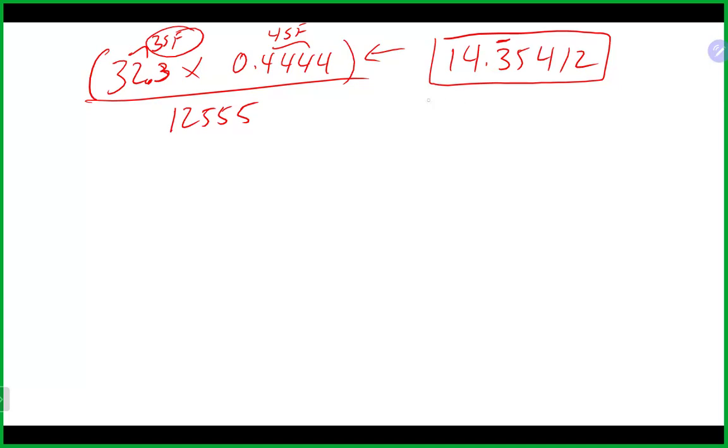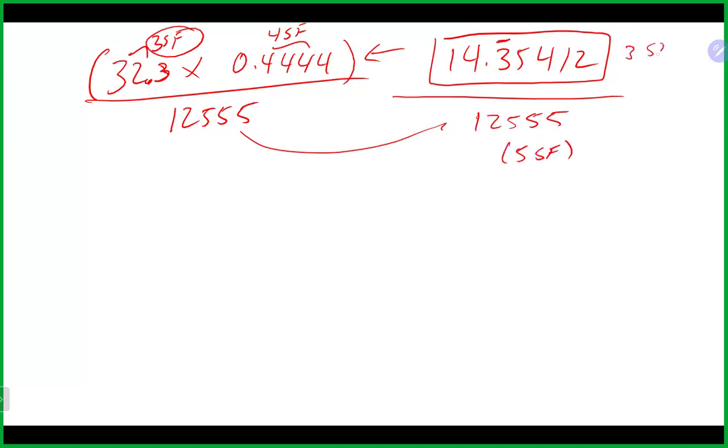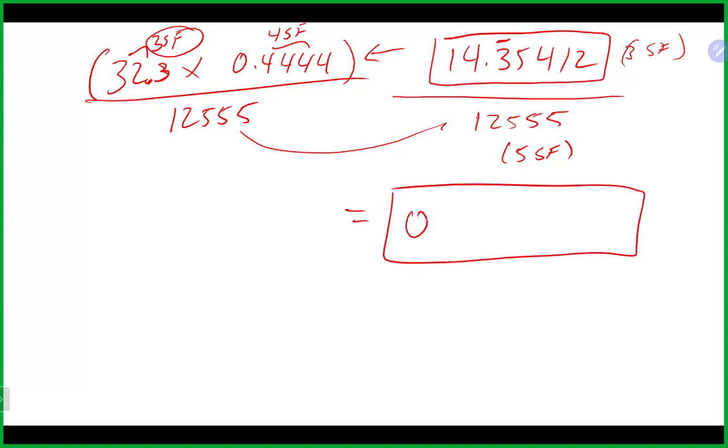So I'm now going to take that number and divide it by this number, 12555, which has 5 significant figures. And this guy technically should have 3 significant figures. But so I do not get any rounding error, I'm going to take the whole number that is still in my calculator, and I'm going to divide by 12555. That gives me on my calculator screen 0.001143299.